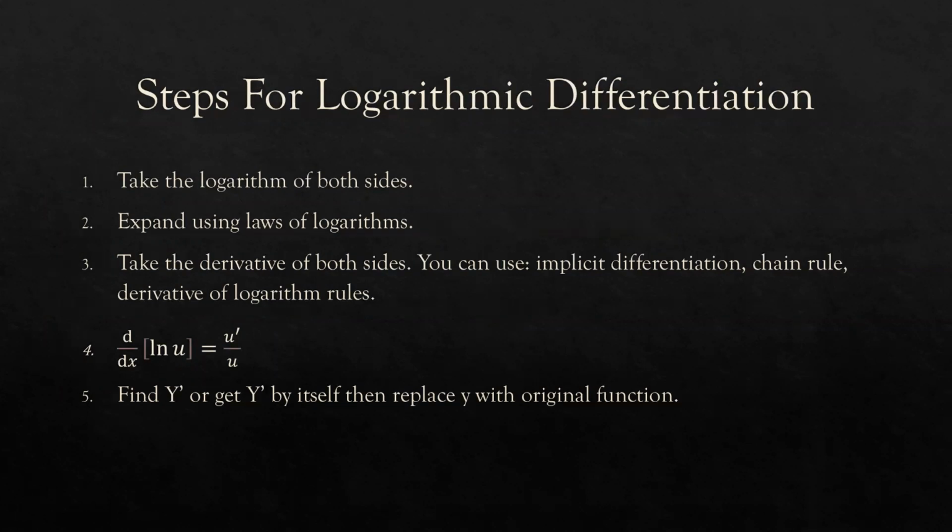Step 3 says take the derivative of both sides. You can use implicit differentiation, the chain rule, and derivative of logarithmic rules. And then the derivative of ln of u is u prime over u. And then step 5 says find y prime, or get y prime by itself.